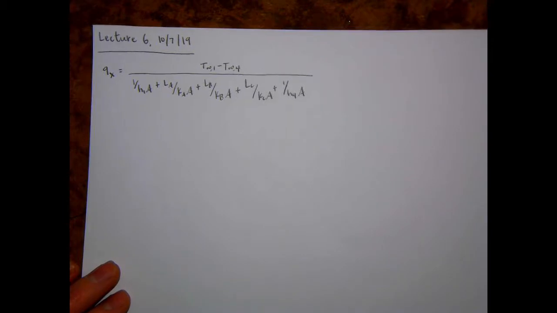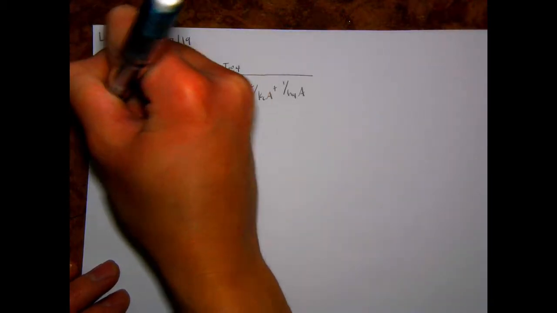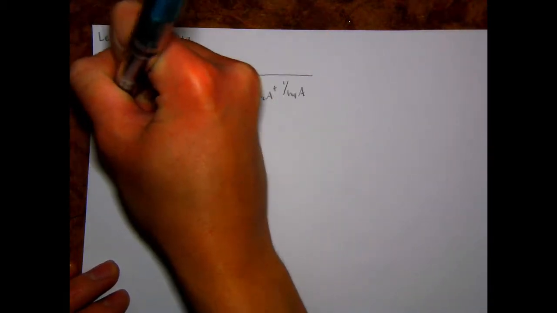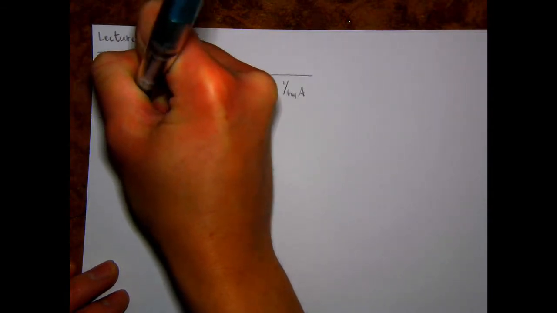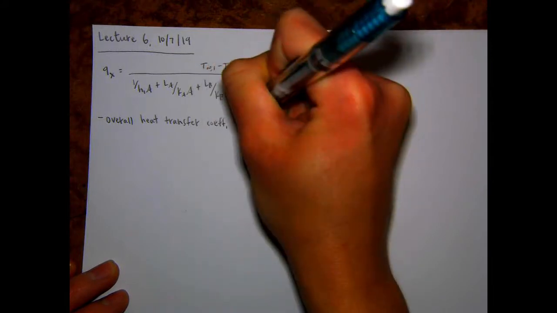Okay, so we'll write down, just very quickly, there's another way of expressing this. Same equation, but another way you might see this written is using the overall heat transfer coefficient, which is capital U. Were there any questions on this before we keep going?